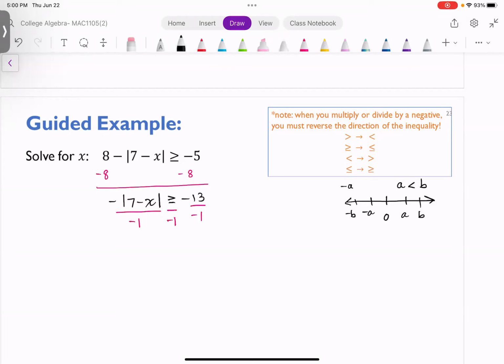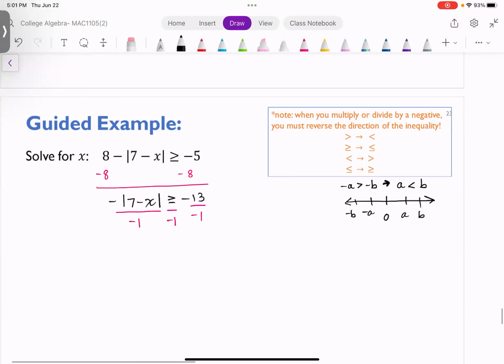Negative A is greater than negative B because it's closer to 0, but a negative number closer to 0 is actually a larger value. So when I divide both sides by a negative number, I am reversing the side of the number line that I'm talking about, and I'm reversing the relationship between those numbers.